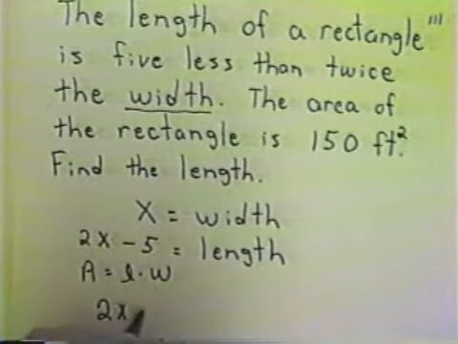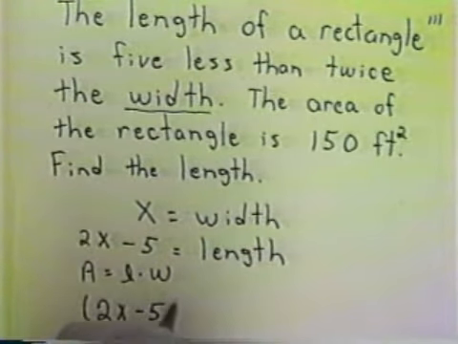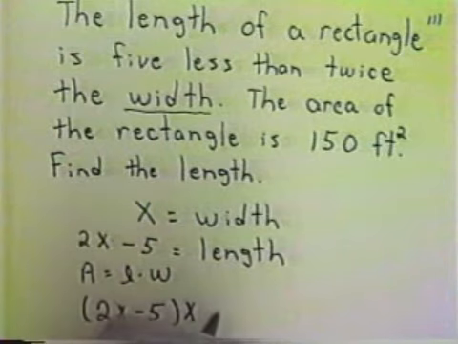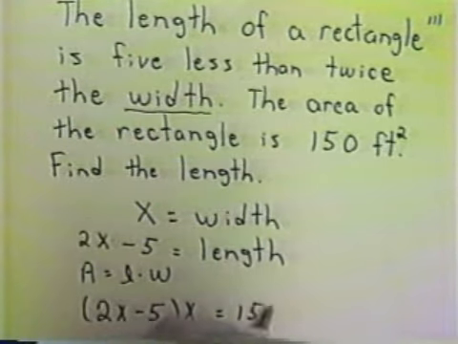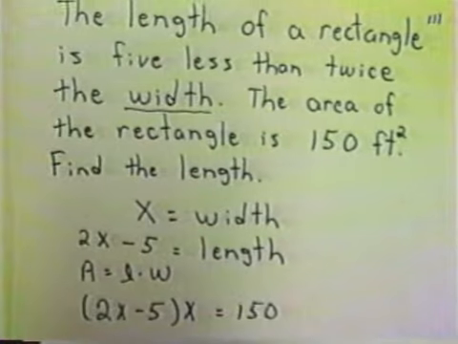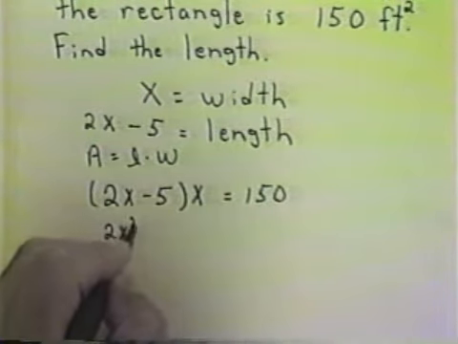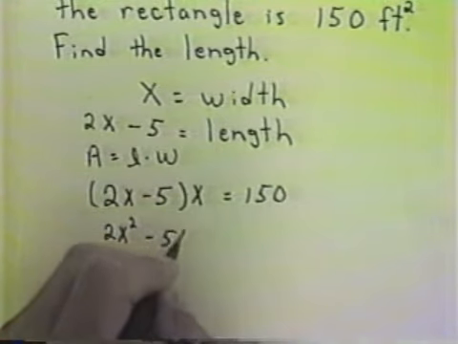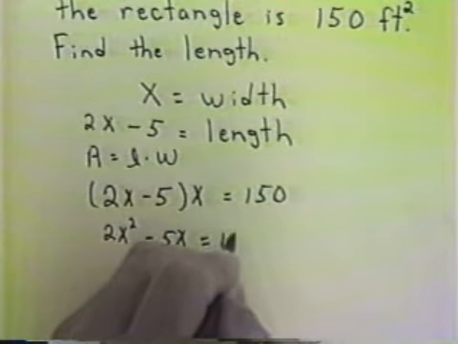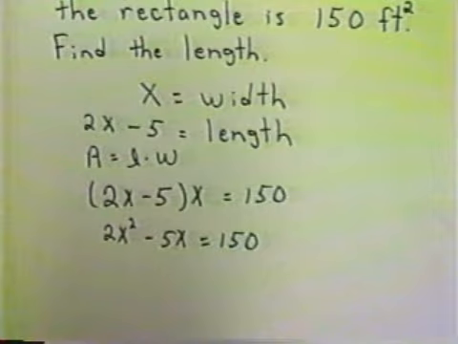So 2x minus 5, the length, times the width x is 150. If I distribute, I get 2x squared minus 5x is equal to 150.